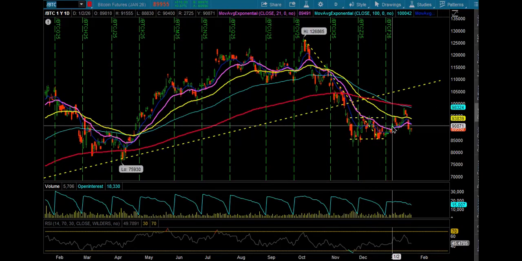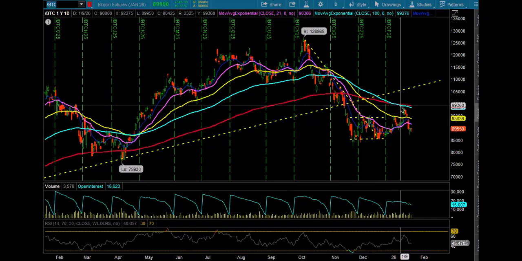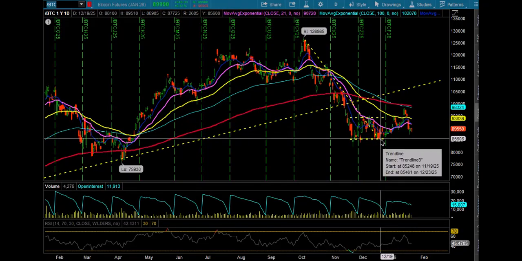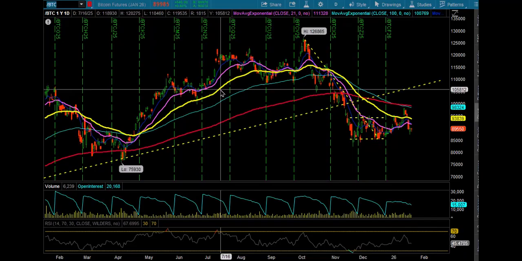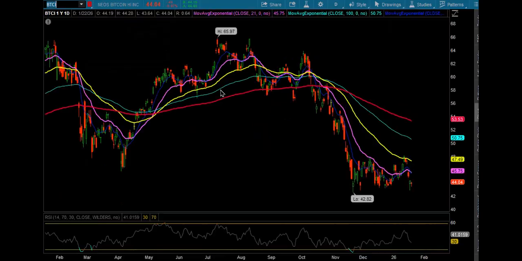What we are going to infer from this is that this is a technical pattern, which is a base, and the longer it consolidates, the harder the base is. It hasn't gone below 85,000 recently, but it always has the potential to make it up to the higher end. Bitcoin also has another ETF, BTC-I, which is widely covered.